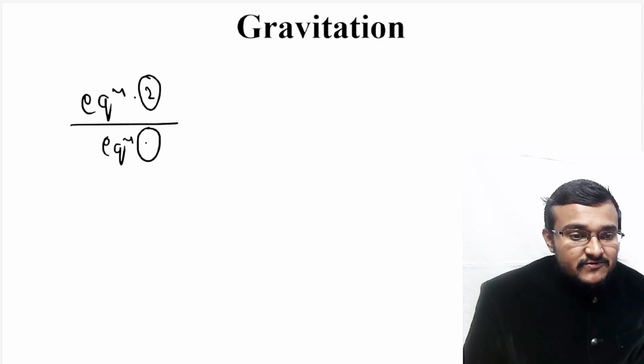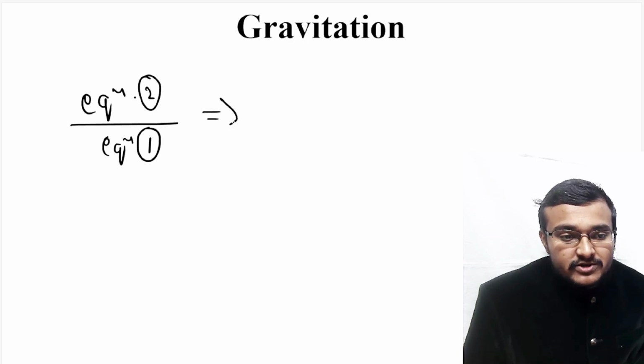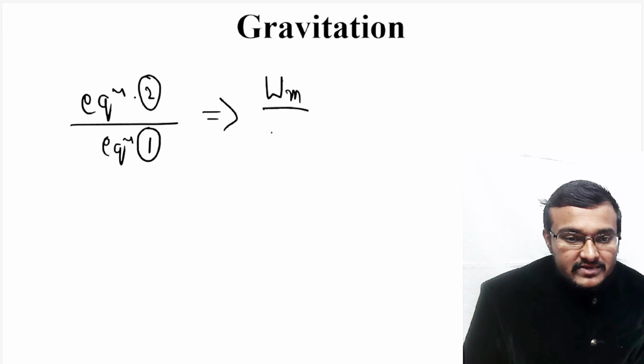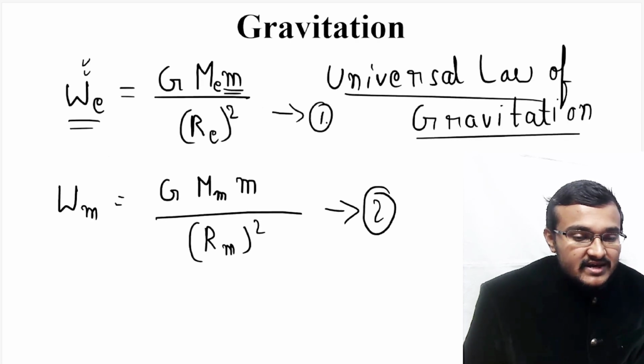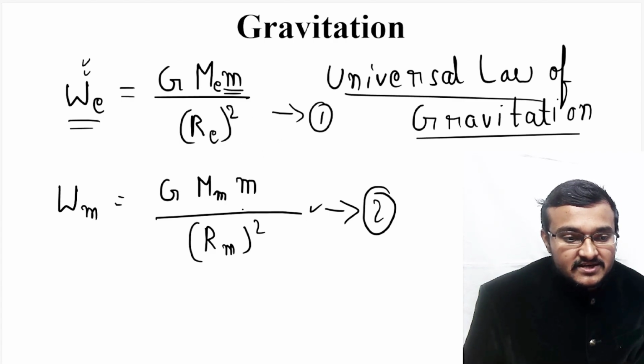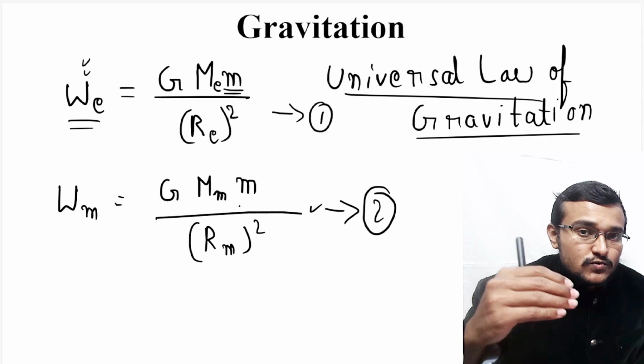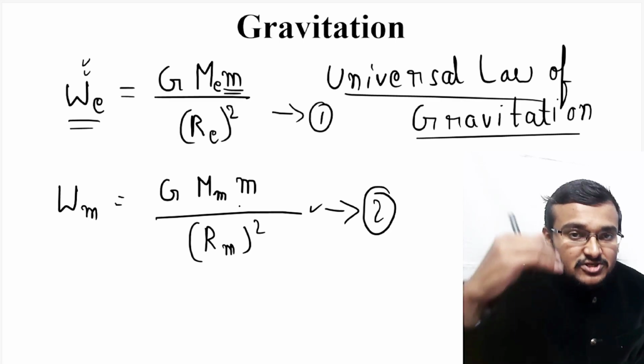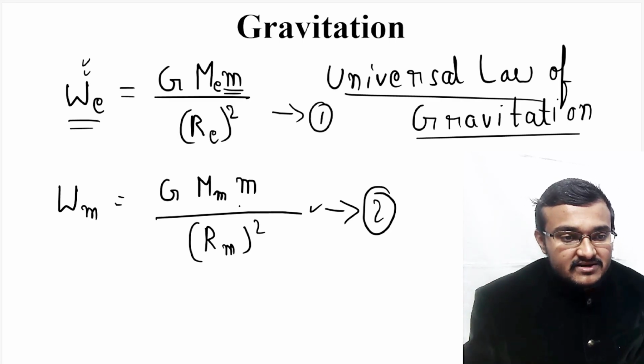Now if we divide equation 2 by equation 1, then W_M divided by W_E is equal to, in equation 2 we have this and in equation 1 we have this. So we are dividing equation 2 by equation 1, that's why equation 2 will be in the numerator and equation 1 in the denominator.